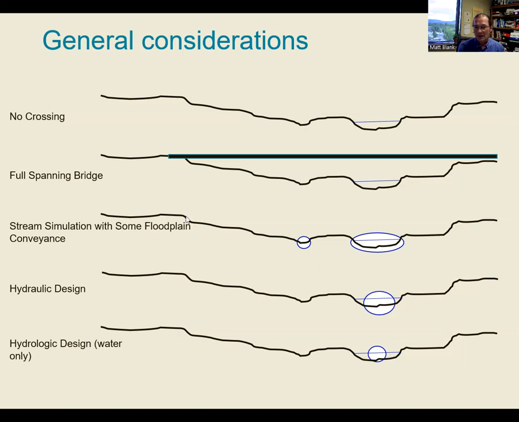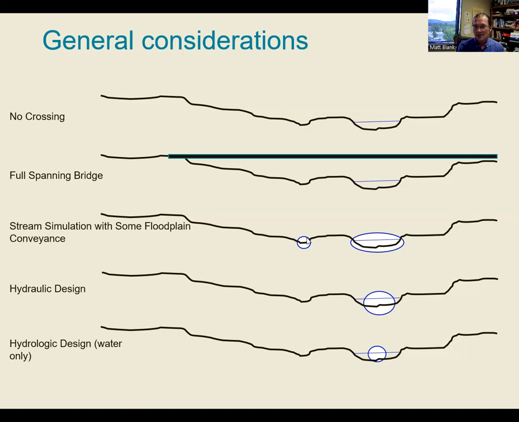The third option I'm showing here is what's called the stream simulation approach, but it also has some floodplain conveyance structures. So here's the bigger structure that I'll talk through a little more on the design method for, where you're sizing the structure to accommodate the morphology of the river channel, and thereby by default you're simulating the channel through it.